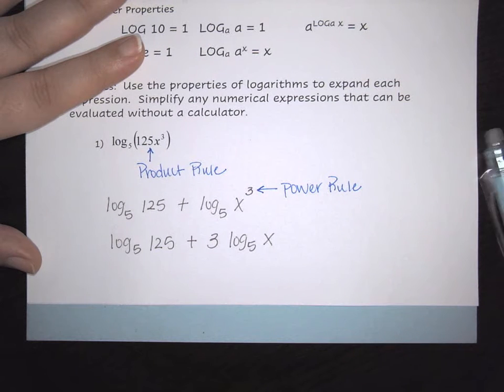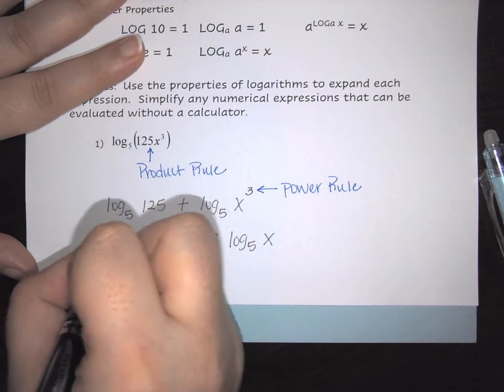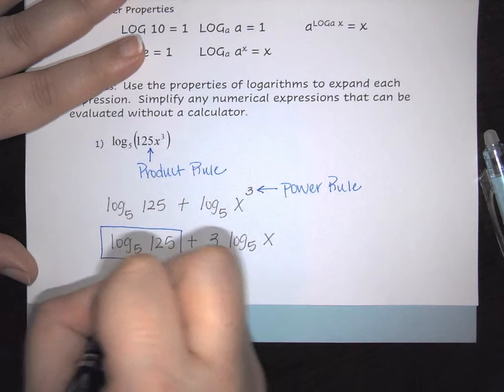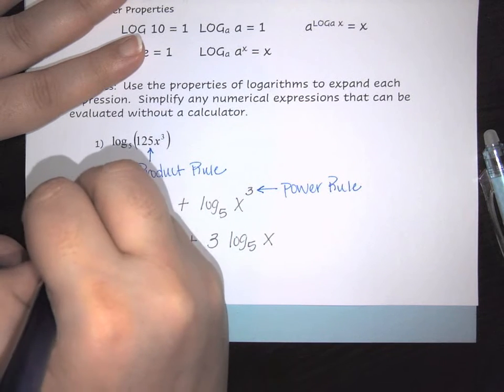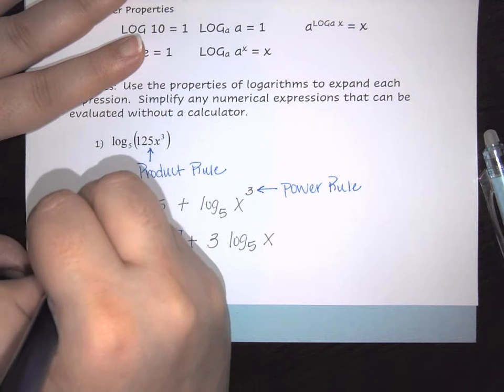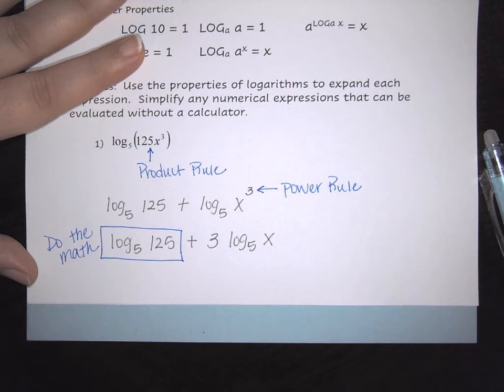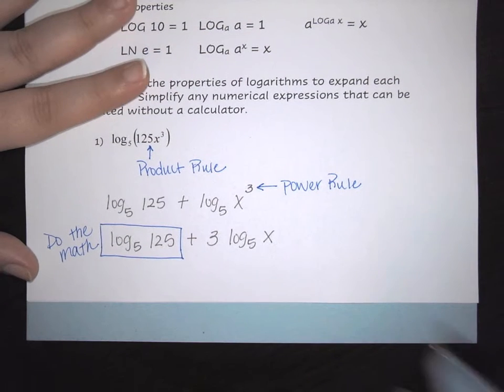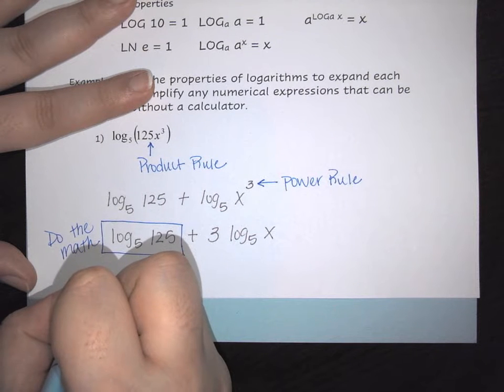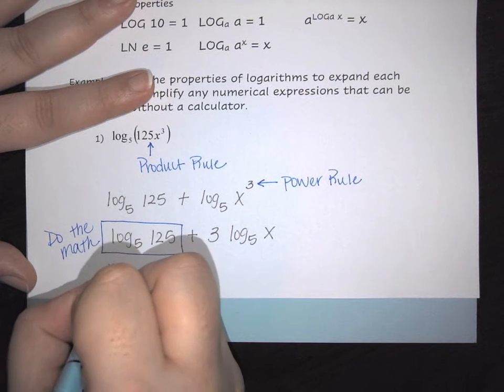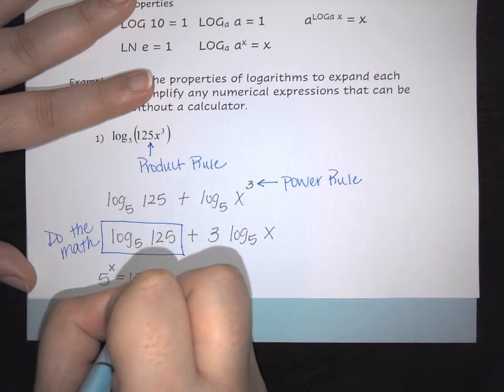And then finally, when we look at this front part, notice all of it is numbers, none of it is variables. So here we actually have to do the math and evaluate. In this case, 5 to the x is equal to 125.